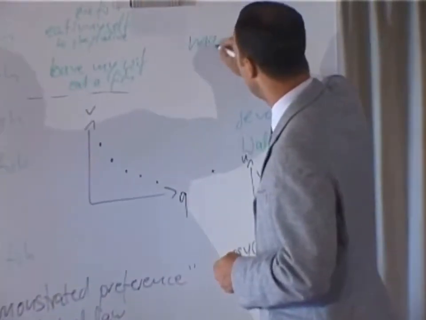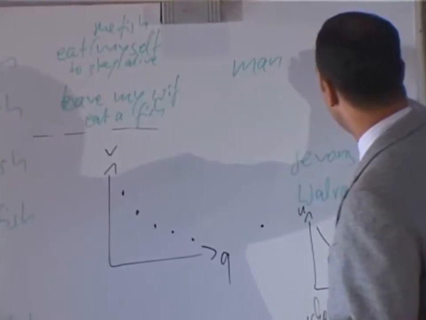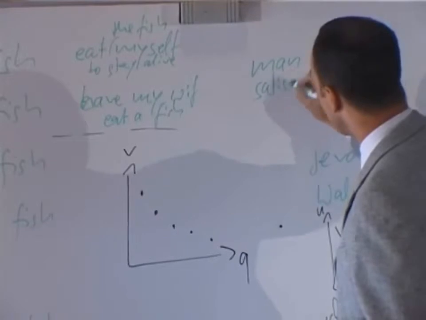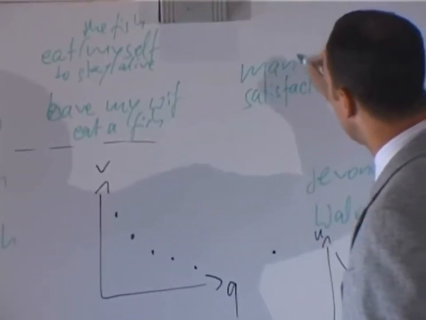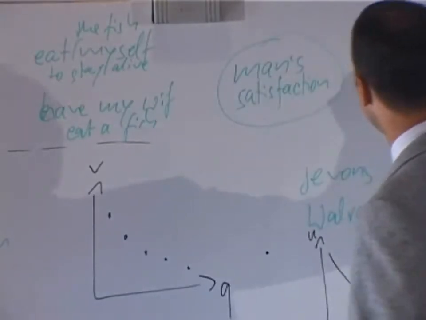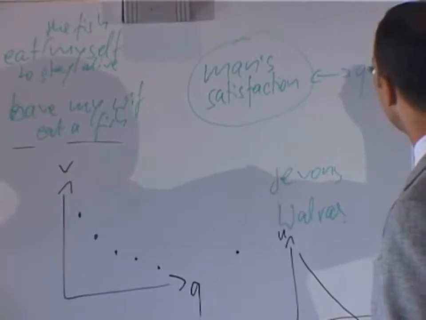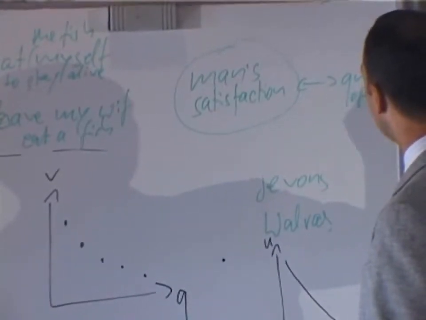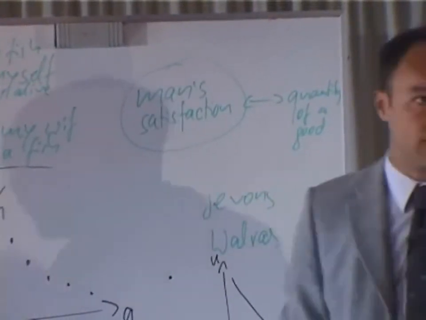Right? We have a man, now in the general sense, right, men and women, and we have his satisfaction, and we have the quantity of a good. Right?